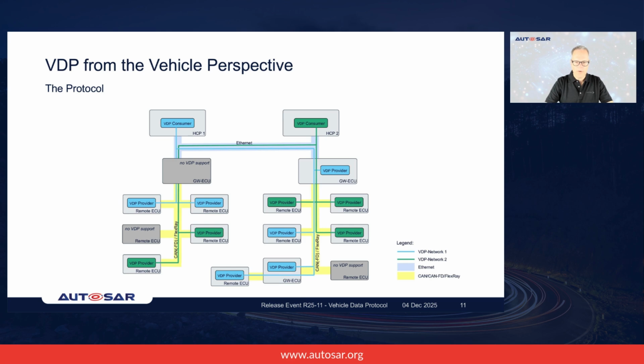We have a VDP consumer on HPC 1 and a set of VDP providers that will create a VDP network within the vehicle. We may have an additional VDP consumer on the second HPC and a second set of VDP providers that will realize a second VDP network, here shown in green color. Some devices do not participate in data collection and are not dealing with VDP at all.